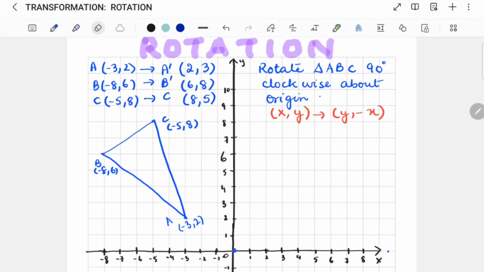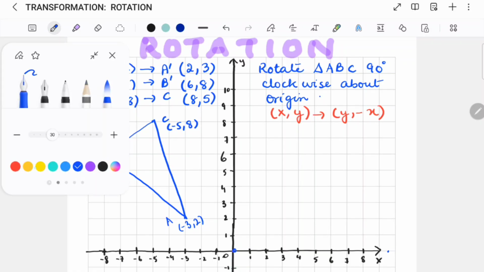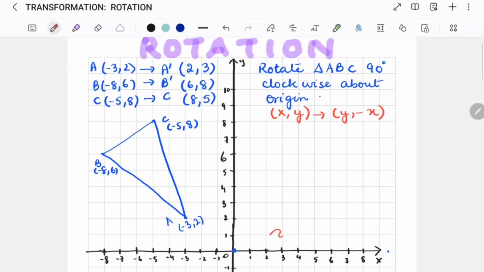Now let's draw the image of triangle ABC rotated 90 degrees clockwise about the origin. The first coordinate is (2, 3), so this is 2 and 3. This is your image of it. We can also check whether it is rotated 90 degrees clockwise about the origin or not.